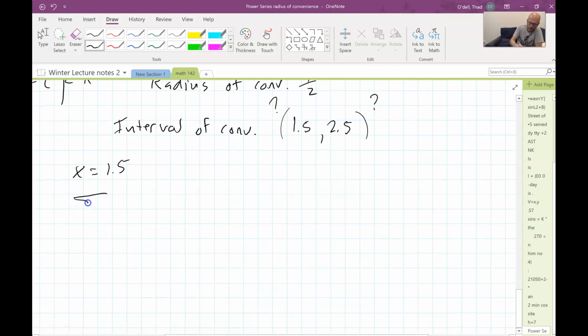That's going to be n running from 1 to infinity of 2 to the n over n, and then my x minus 2, if I put 1.5 in there, 1.5 minus 2 would be negative 1/2, to the n.